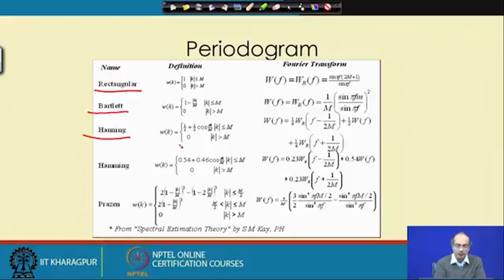a few properties are common for all these windows: they have maximum value at k equal to 0, and they are symmetric, and also they are even functions. Okay. So, these properties are common.